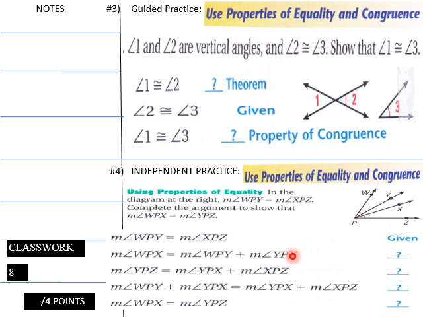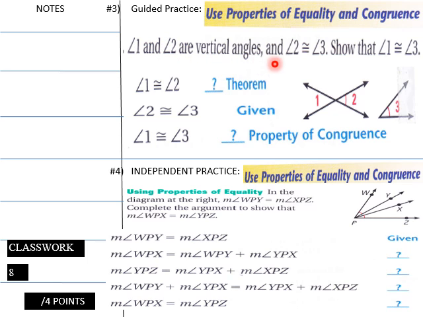So you're provided with some statements here to prove this, and your job is to provide the reasons for using these statements.